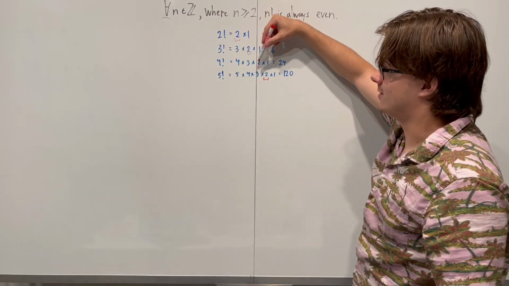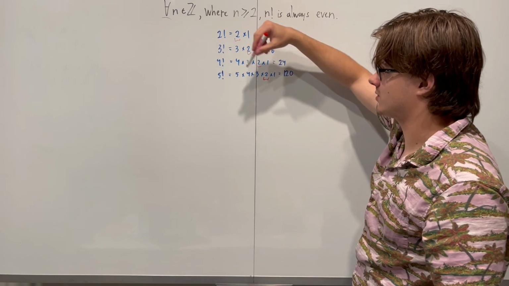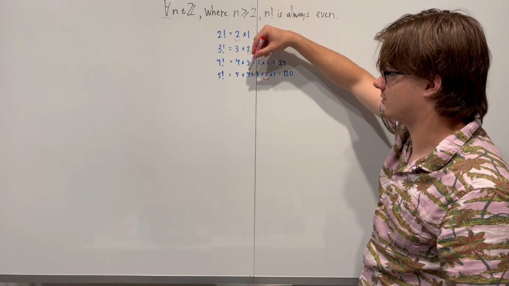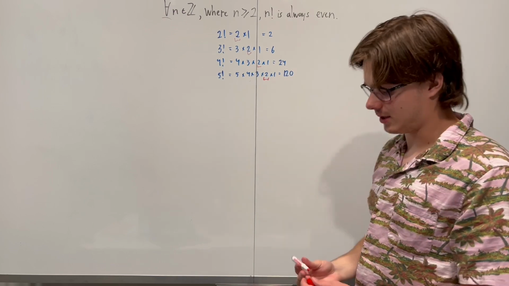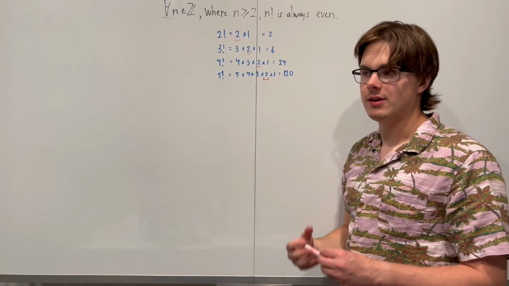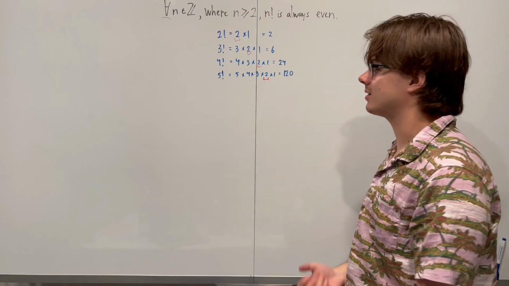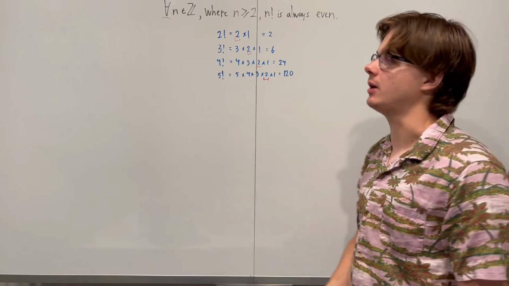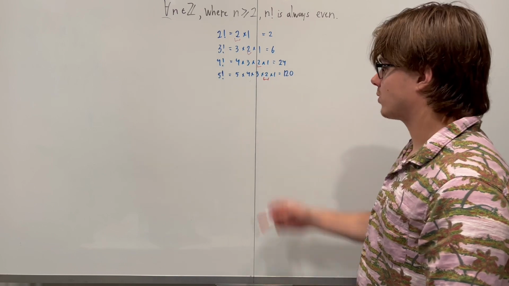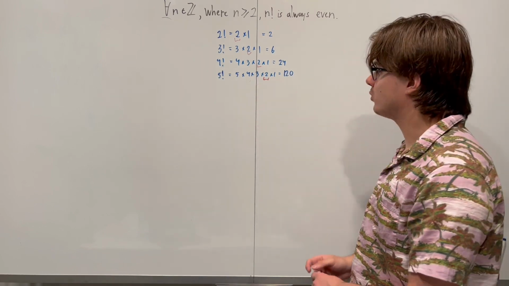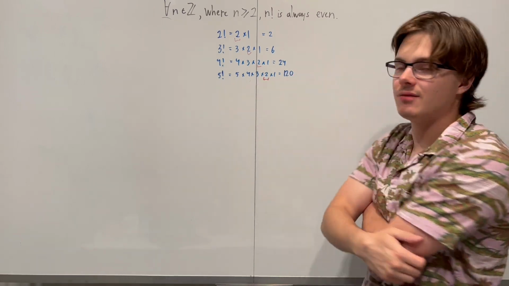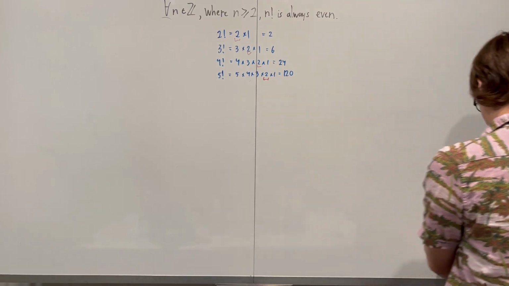In this case, it's 2 times 1 times 3 times 4. It's 2 times 1 times 3 times 4 times 5. So they're all going to be multiplied by 2, and we already know that the definition of an even number is 2 times anything, right? As long as you're not adding a 1 or subtracting a 1. And that's what we're doing here, we're just multiplying. So it really makes me think that this statement is in fact true. So let's try and prove it.